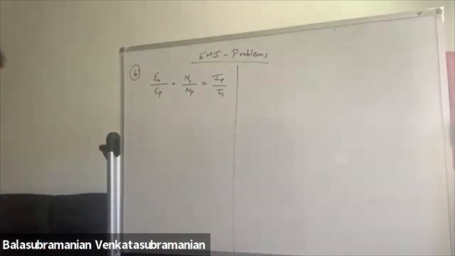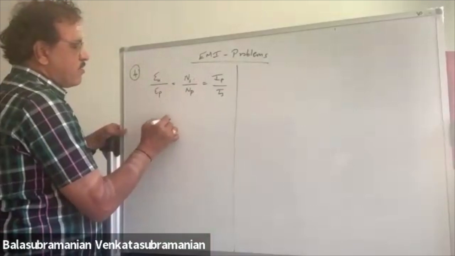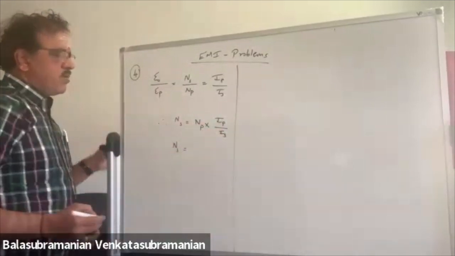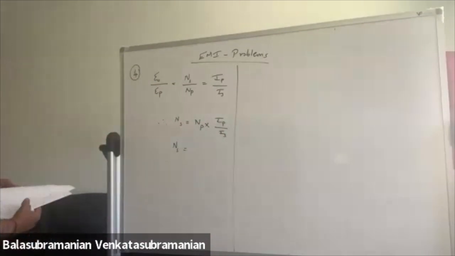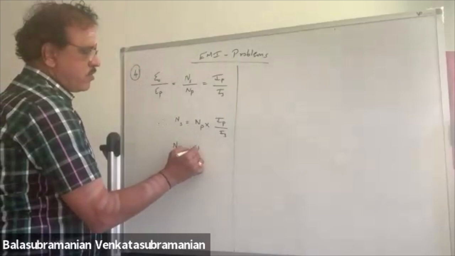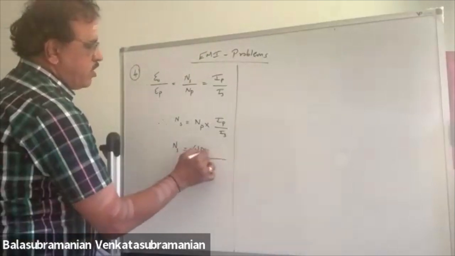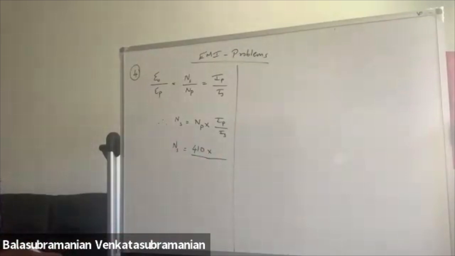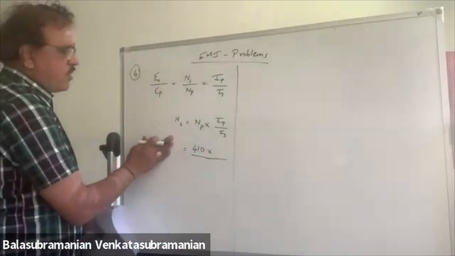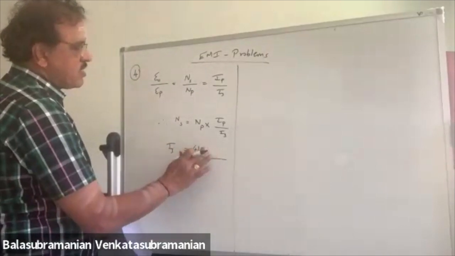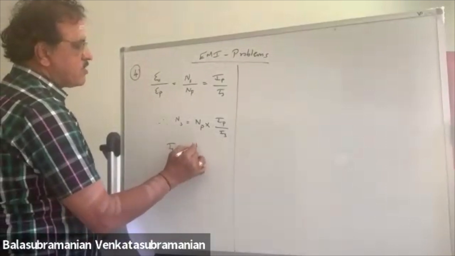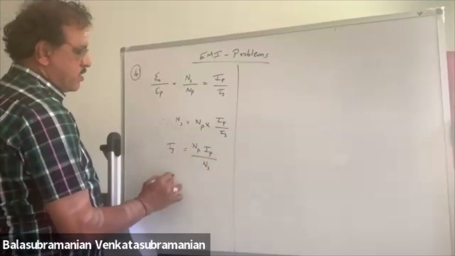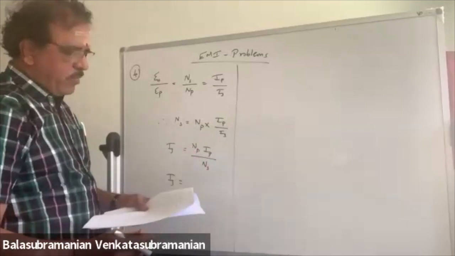In the question, you have to calculate the secondary current, IS. So IS is equal to NP IP by NS. NP, primary number of turns, is 410.